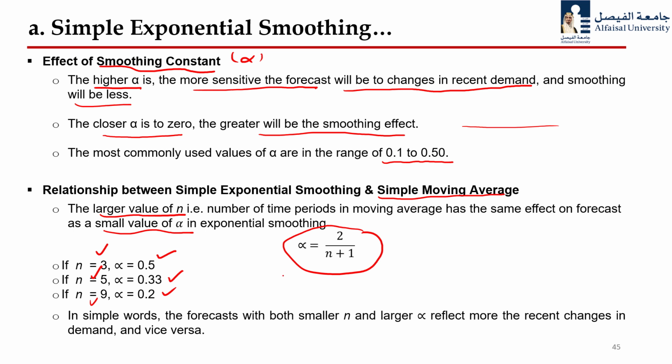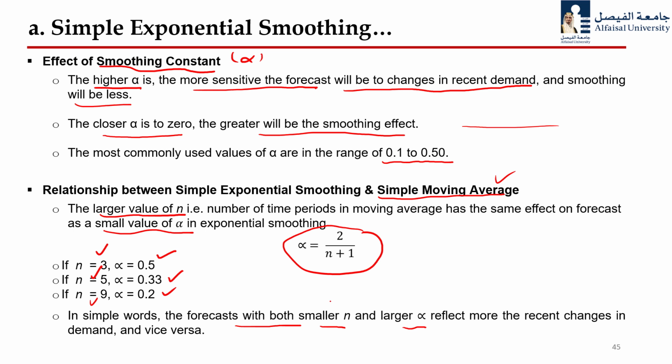In simple words, the forecast with both a smaller n and a larger alpha, so if I use a larger alpha value while applying simple exponential smoothing, or a smaller n while applying the simple moving average, both are going to reflect the most recent changes in the past data, and it is going to reflect in your future forecast value.